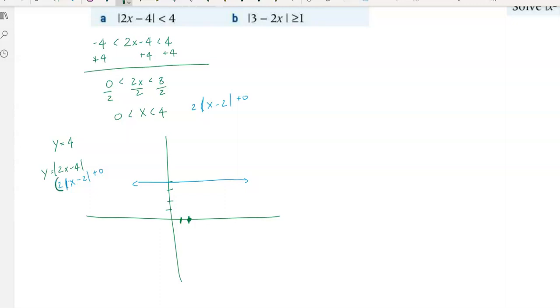And then it has a slope of 2. So I'm just going to go up 2 to the right 1, up 2 to the left 1. Looks about right.